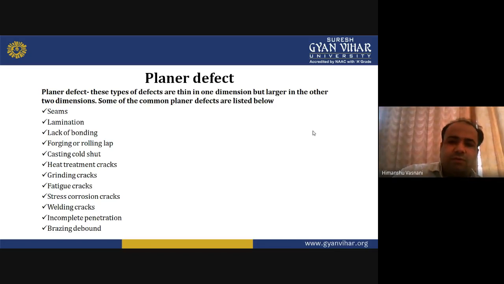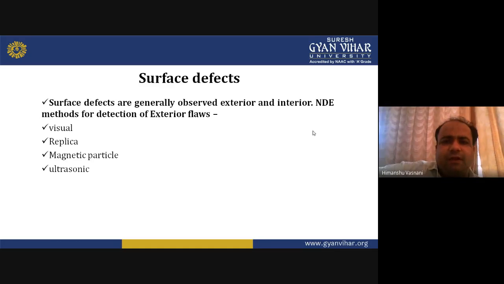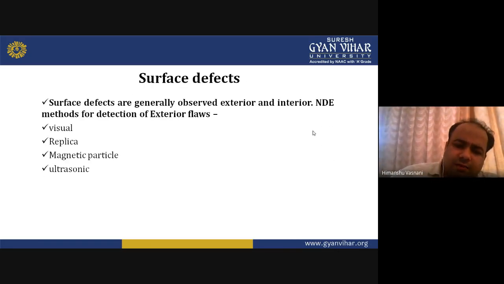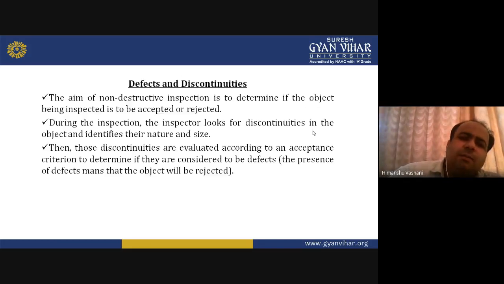Starting again with surface defects. Surface defects can be interior defects or exterior defects, and normally these methods are used for detection: visual inspection, comparing with a duplicate or replica part, magnetic particle inspection, ultrasonic testing. So these all are methods for detecting surface defects, but we will study them later on.